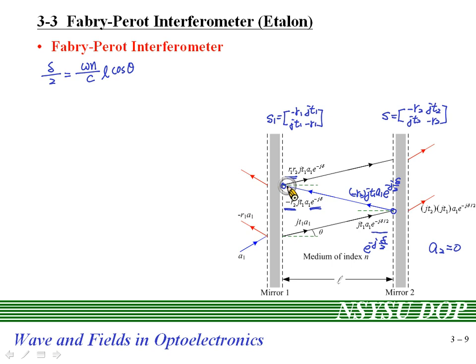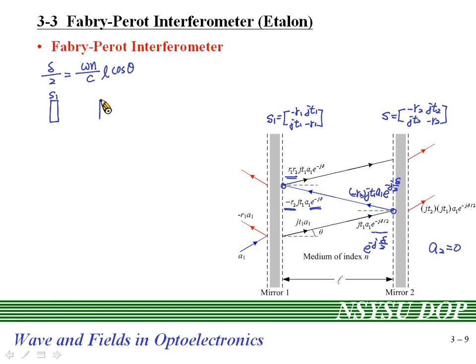And this light beam again goes from mirror 1 to mirror 2, is reflected by mirror 2, goes from mirror 2 to mirror 1, and again. The total system can be represented in this way. We have mirror 1 here with the corresponding scattering matrix S1.